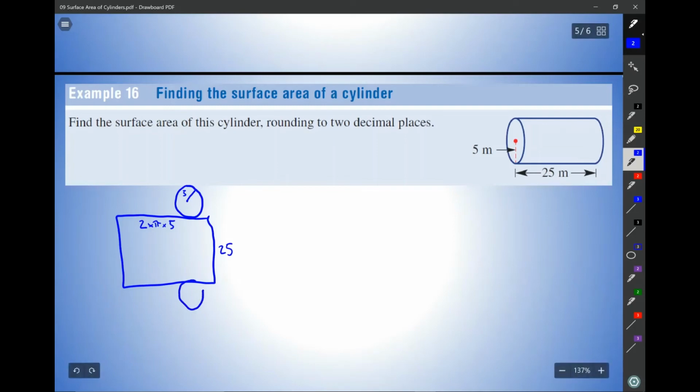And then we have the bottom circle, which again has a radius of 5. So now let's calculate all our separate areas. Remember, the area of the circle is pi r squared. Sorry, I don't know why I wrote an S there. That should be the area of the circle.